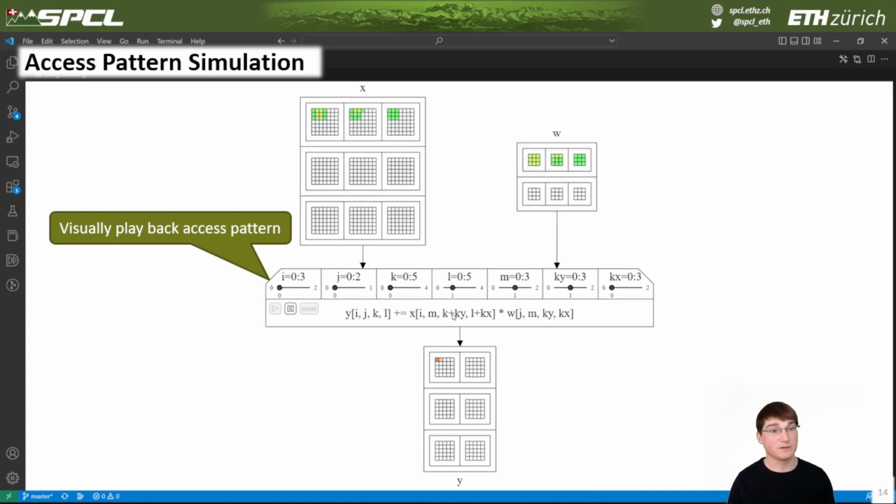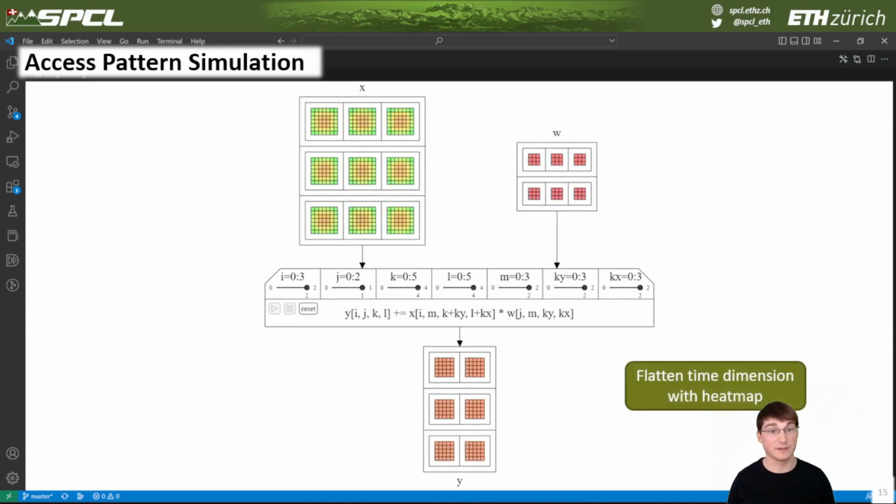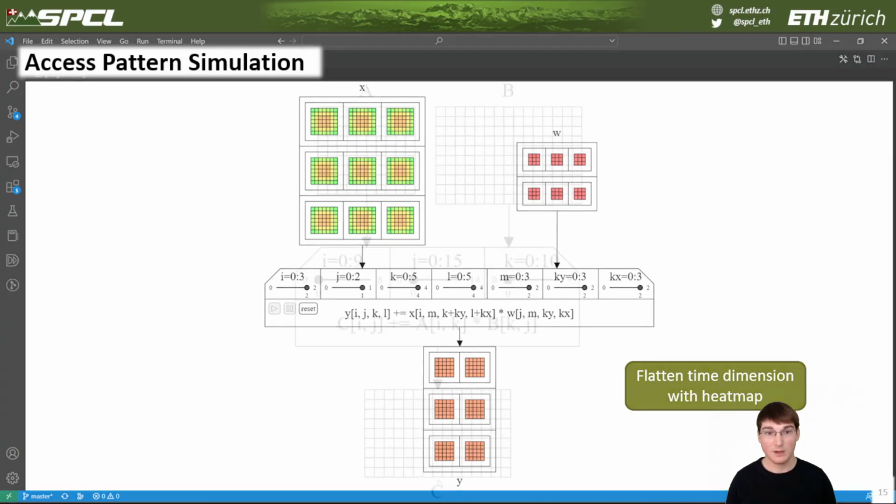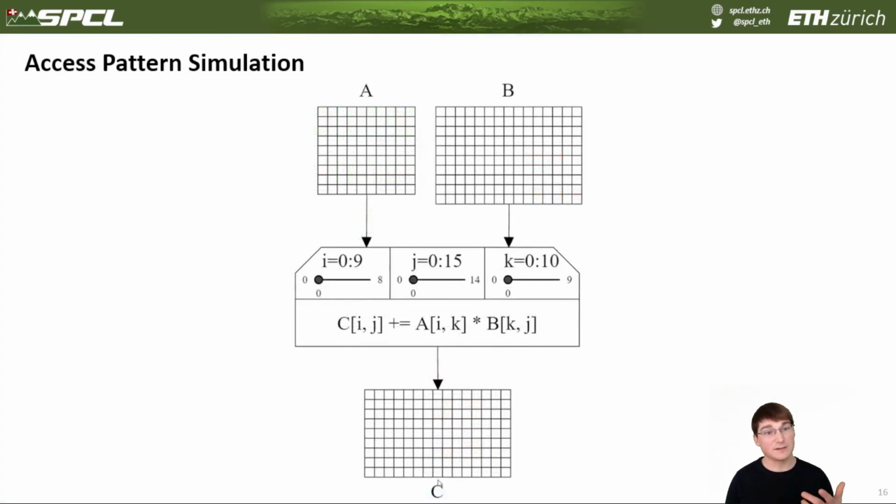Now this time dimension, of course, can be flattened, and we can show instead a heat map that shows, over the entire course of the application, what data elements are being accessed how many times and the distribution of the number of accesses. We don't have to play back this access pattern, but can instead turn it on its head and say, for any given output element, what input elements are required to perform the computation for that output element.